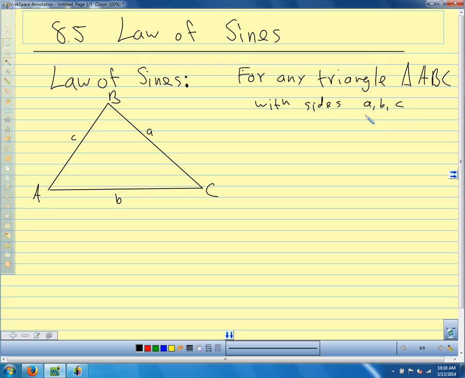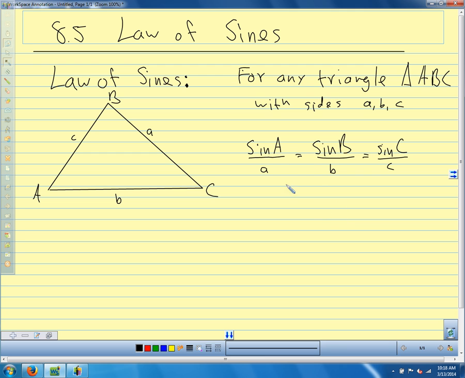We get this nice set of proportions. The sine of angle A over side A equals the sine of angle B over side B, and that also equals the sine of angle C over side C.